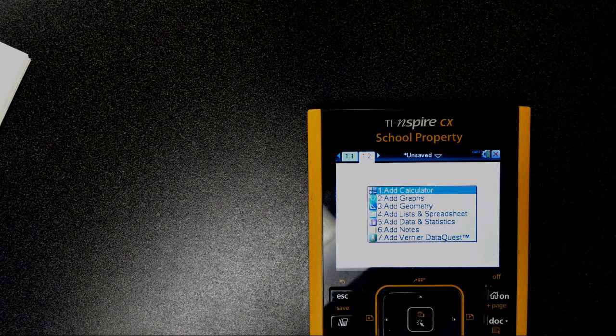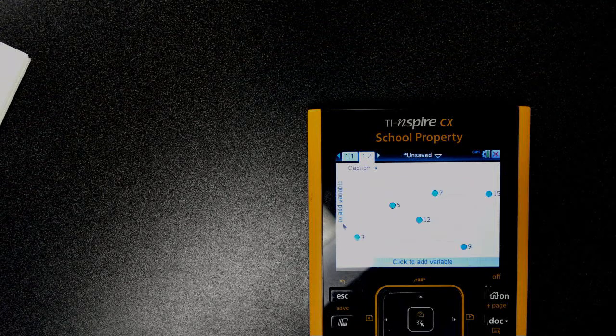And that's where you all make the mistake. You don't add a graph page. Graph is putting an equation in. So if I wanted to graph y equals 2x, then I would choose graph. If I want to look at the ordered pairs, I have to choose data and statistics. So list and spreadsheets to get it in, data and statistics to look at the graph.